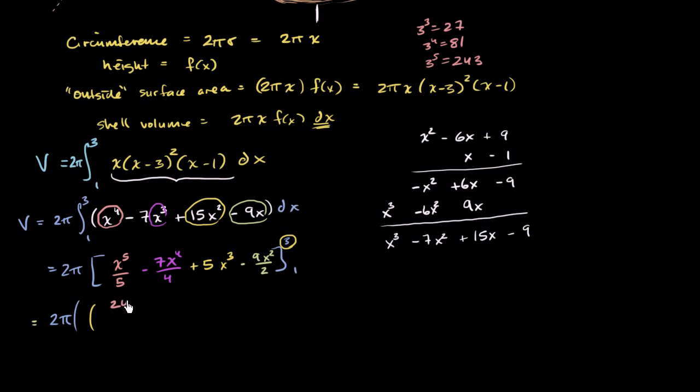So it's going to be 243 over 5. 3 to the fourth power is 81, but then we've got to multiply 81 times 7. 7 times 1 is 7. 7 times 8 is 56. So we're going to get 567, and minus 567 over 4.